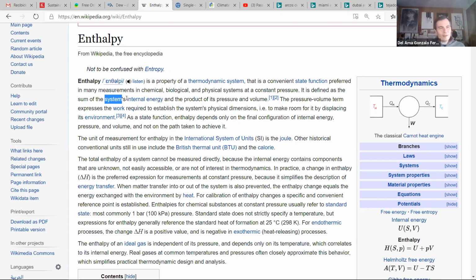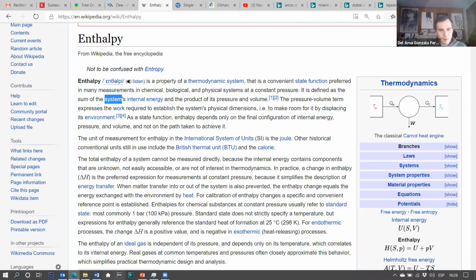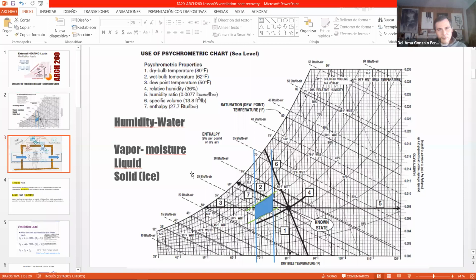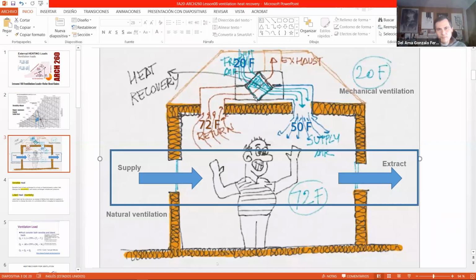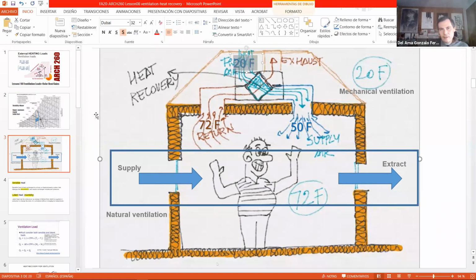So that's why when we are talking about heat recovery for ventilation, it has to do with the enthalpy. Okay, so if you remember when we were talking about the heat recovery, we are extracting the energy that this return air has, because the outdoor air is at 20 Fahrenheit, the indoor air is at 72 Fahrenheit.